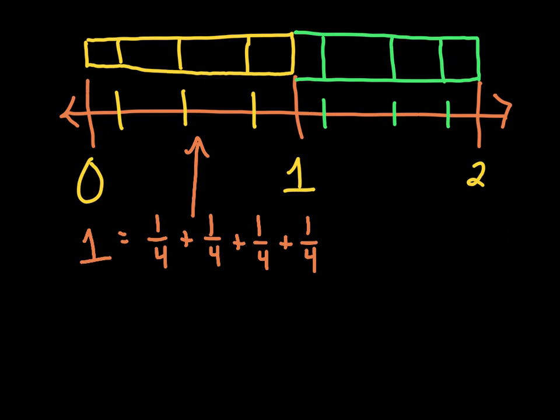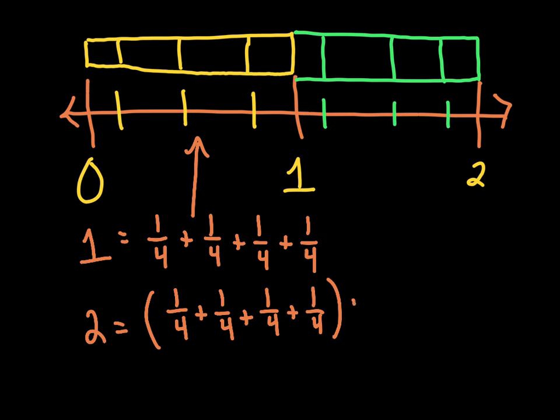But then we have another one, because the green part is going to 2 wholes. So now we have 2 wholes, and we are going to use our parentheses to make it nice and clean. This right here is 1/4 plus 1/4 plus 1/4 plus 1/4. That's going to give us 1 whole. And then we're going to add on this extra section right here, and that's going to be another whole.